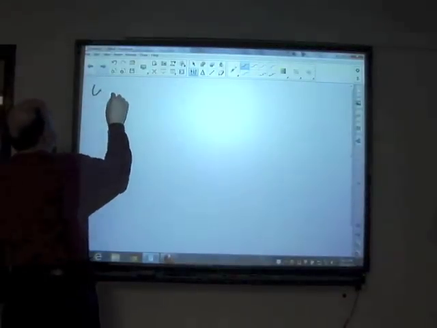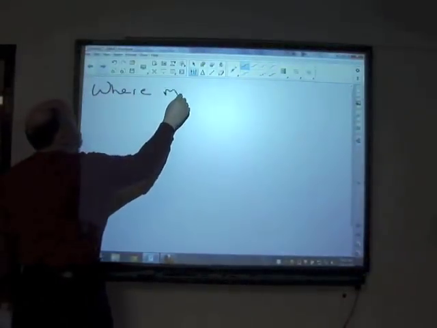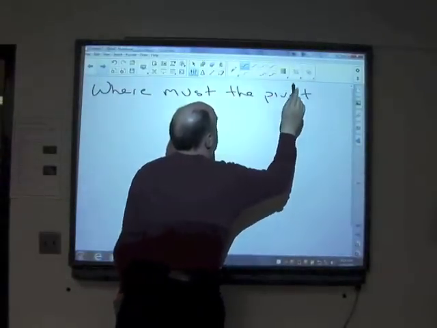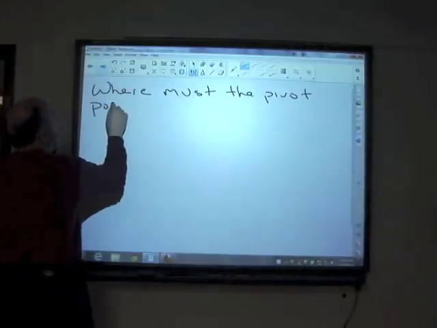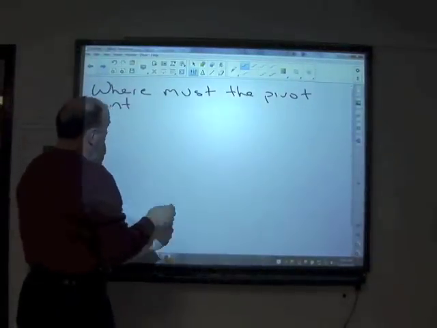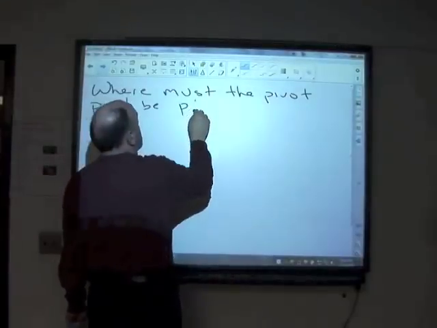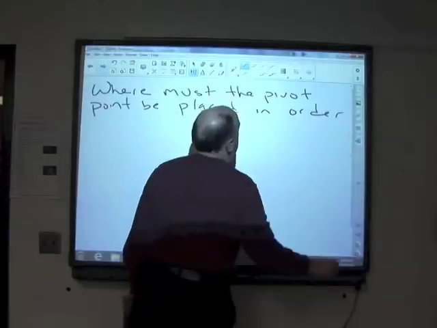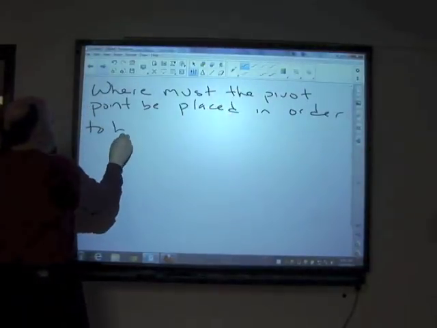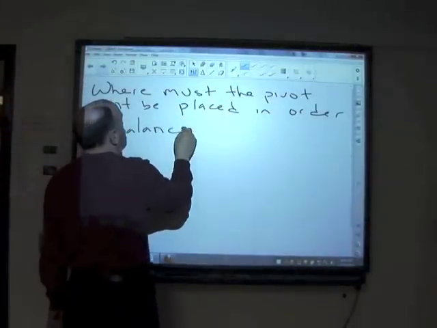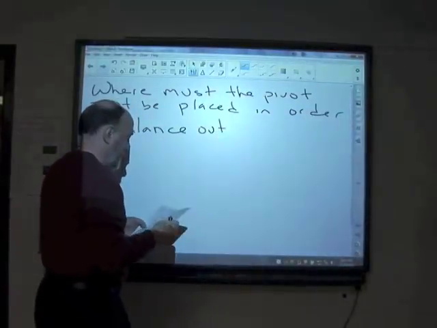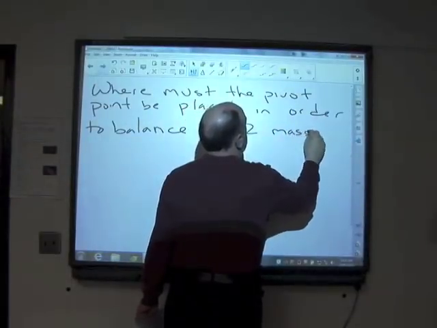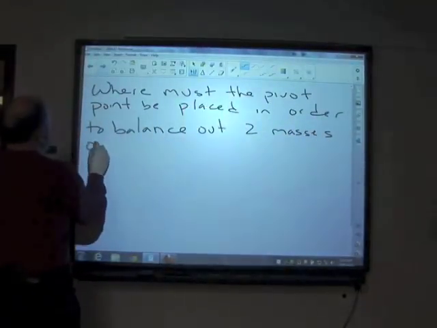So, a question like this: where must the pivot point be placed in order to balance out two masses, one at each end?